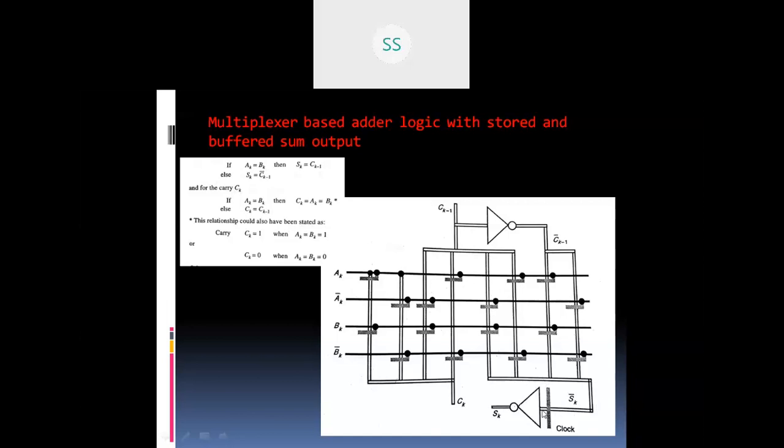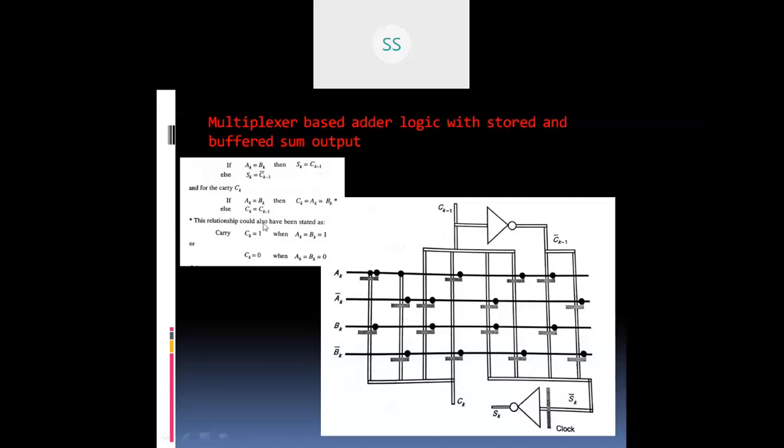At the inverter input we have CK minus 1, and at the output of the inverter it will be CK minus 1 whole bar. So this is verified. Whenever you have a combination like AK not equal to BK, the sum will be the complement of the previous carry.